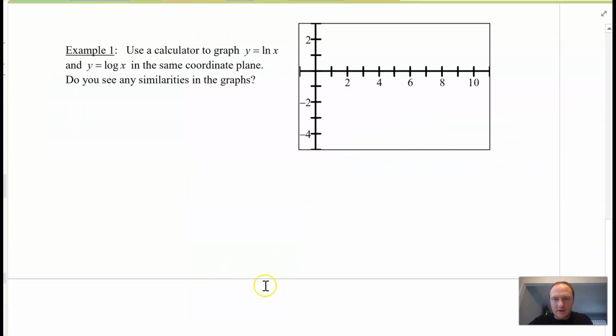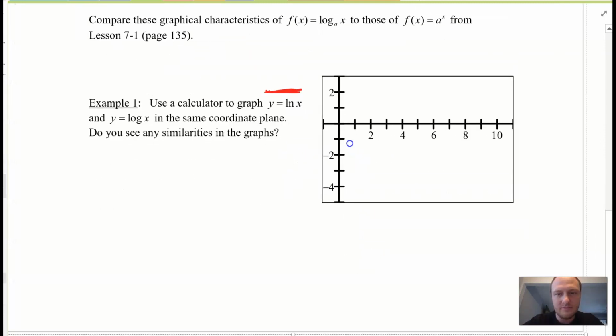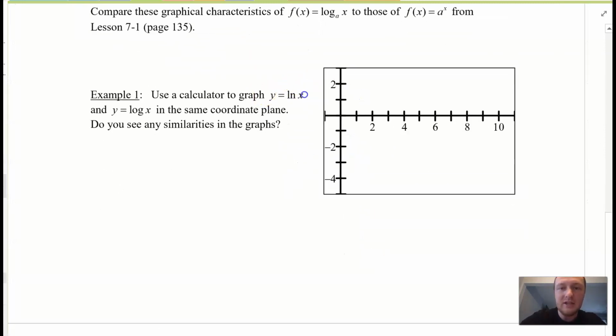Okay, so I'm going to come over here and plot these. So y equals the natural log of x. I don't know why that keeps disappearing. Glitches, magic. Y equals natural log of x. They both have intercepts at 1, 0, and this one goes a little bit like this.